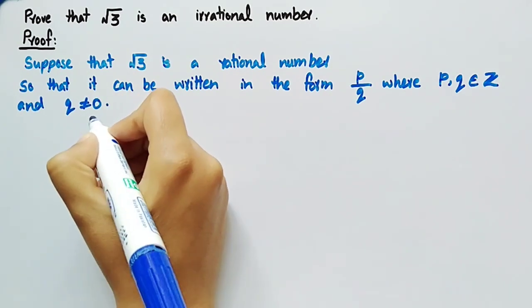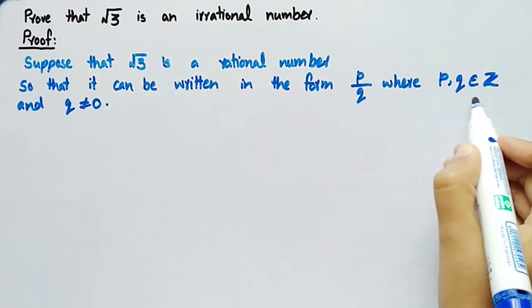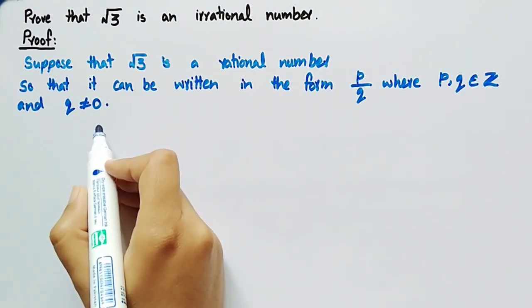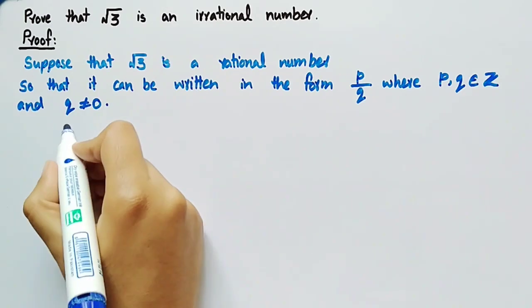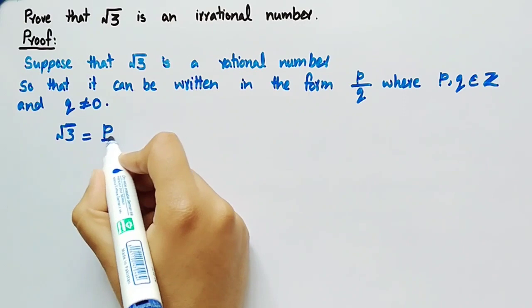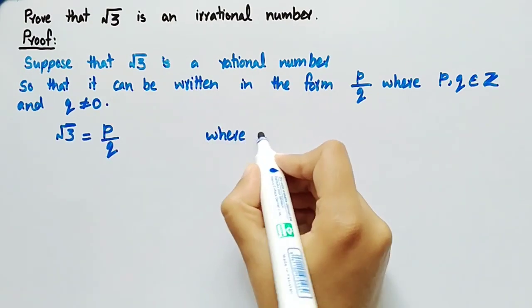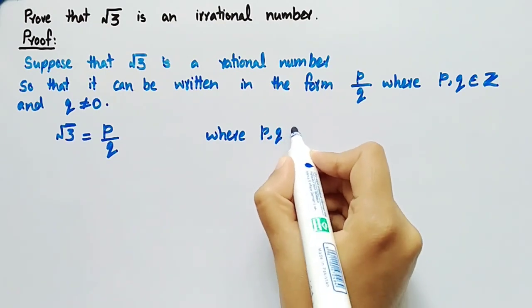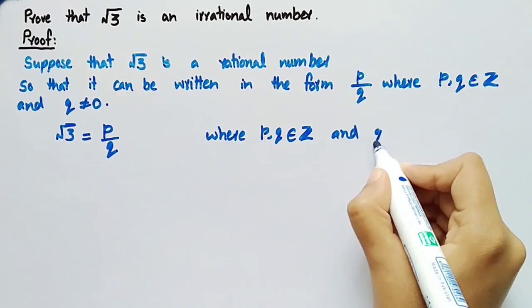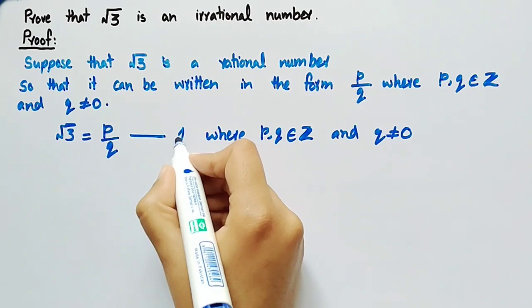Since every rational number can be written in the form P by Q such that P and Q are integers and Q is not equal to 0, in the same way we can write square root 3 equal to P by Q, where P and Q belong to the set of integers and Q is not equal to 0. Let it be named as equation number 1.